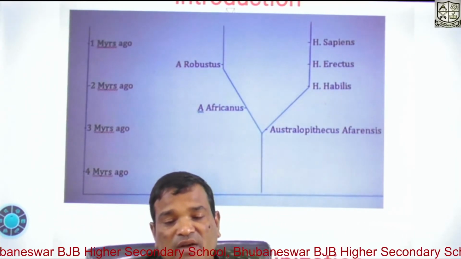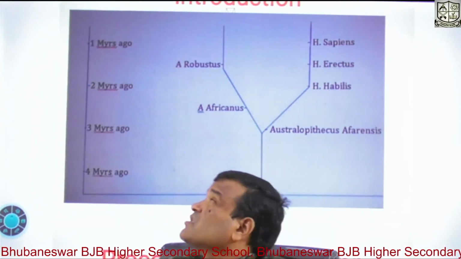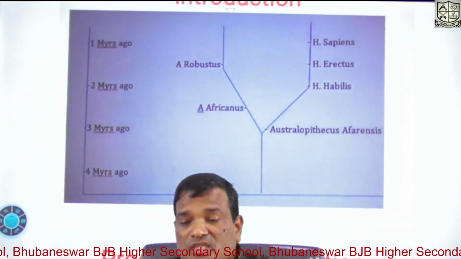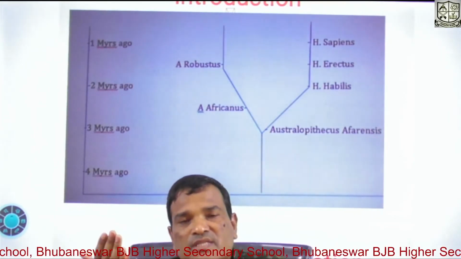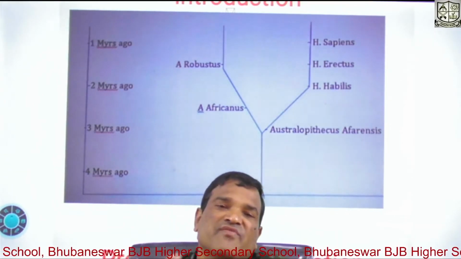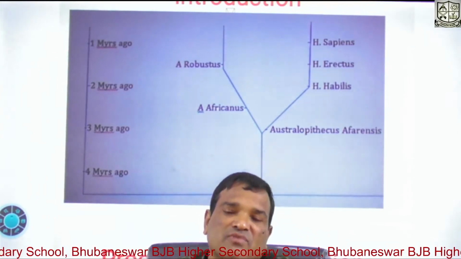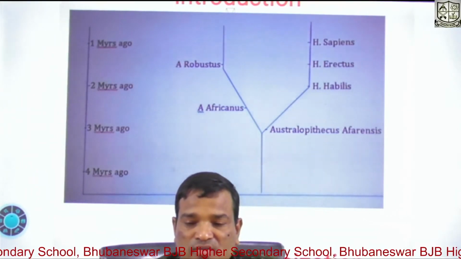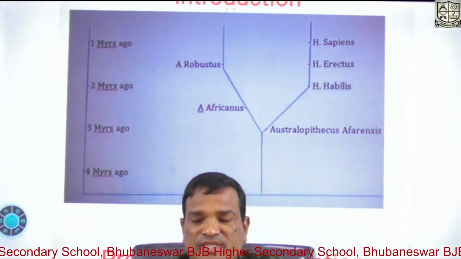The Australopithecine is characterized by varieties of fossil remains found in different parts of Africa, particularly South Africa and East Africa. So, Australopithecus was the earliest hominid.